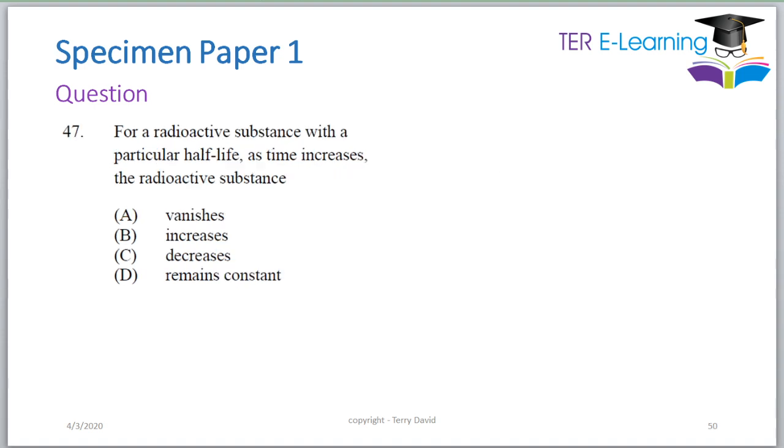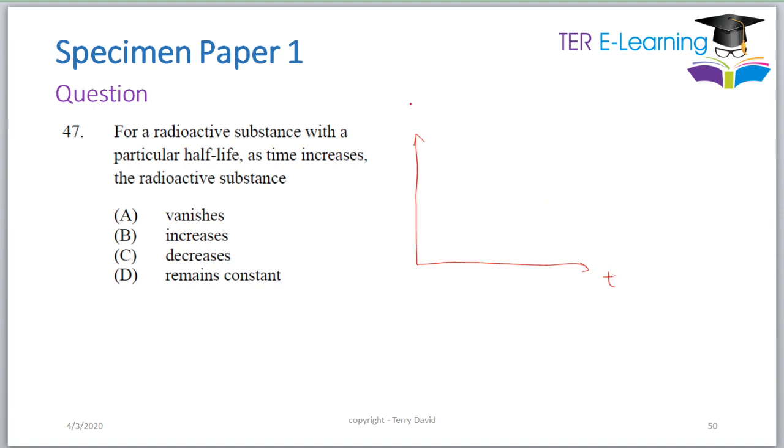Number 47. For a radioactive substance with a particular half-life, as time increases, the radioactive substance vanishes, increases, decreases, or remains constant, right? So that is 47. For a radioactive substance, the decay curve looks something like this.